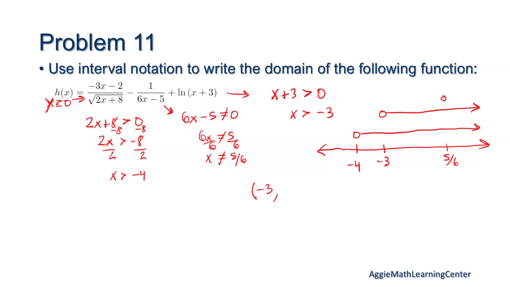We'll go from negative 3 until we hit the next hole or limiting function, which would be 5/6. It's not included, so that's also a parenthesis, and then you have the union sign, and then we start there again because it's just a hole, and that goes to infinity. So that will be our domain of that function.